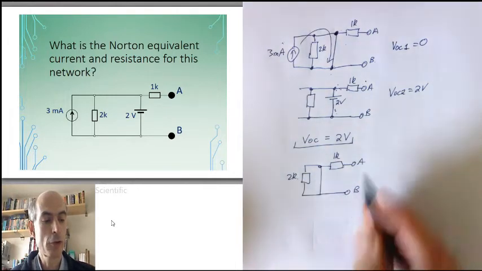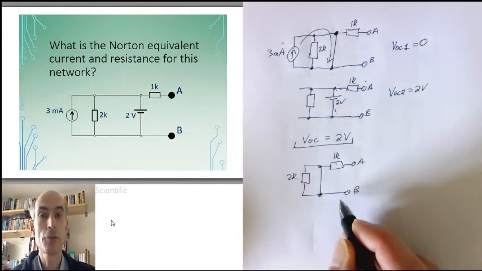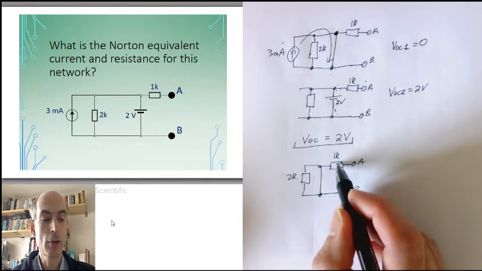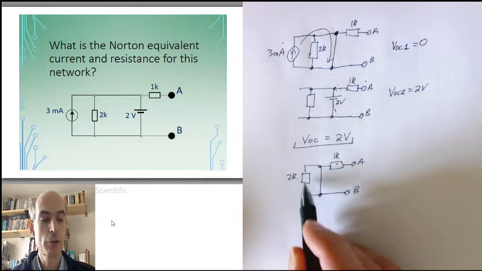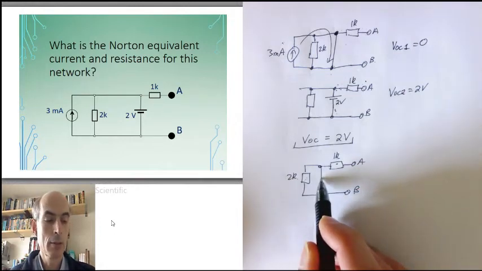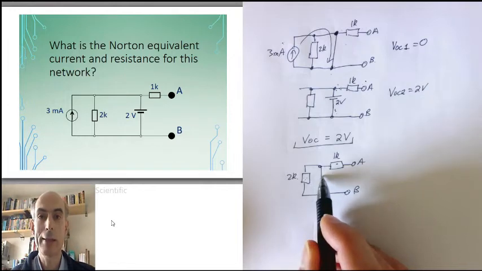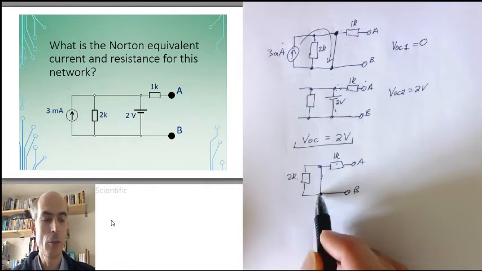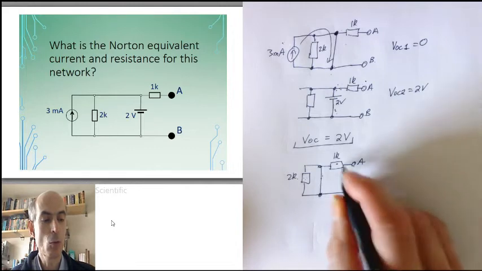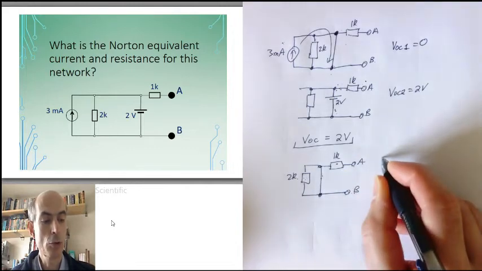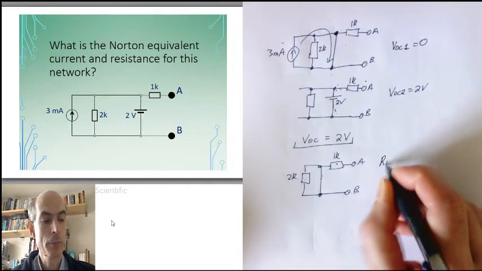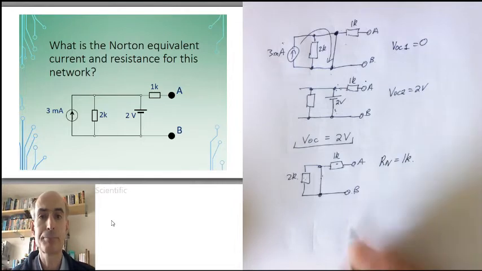What is the total resistance between A and B? Answer: 1K in series with the parallel combination of 2K and a wire. Well, anything in parallel with a 0 ohm resistor is just 0 ohms, so that's just going to be 1K. So our Norton equivalent resistance is just going to be 1K.